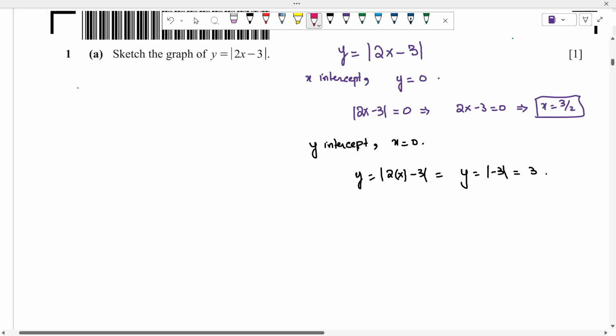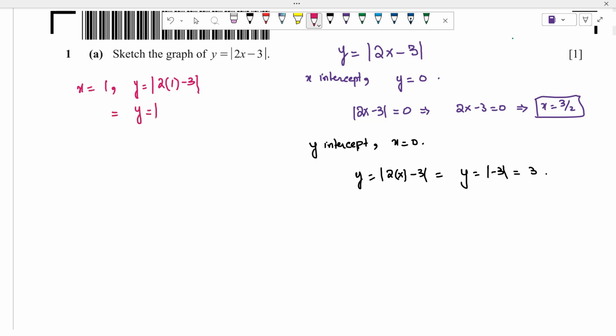Now we plug in x equals 1. So we will have y equals |2 times 1 minus 3|, which is negative 1, so the absolute value is 1. And when we plug in x equals 2, we will have y equals |2 times 2 minus 3|, which equals positive 1, and the absolute value of positive 1 is 1.